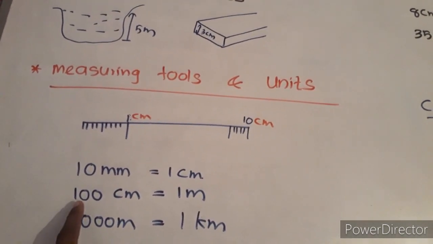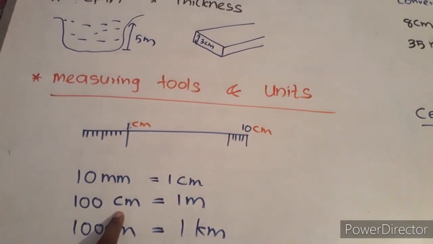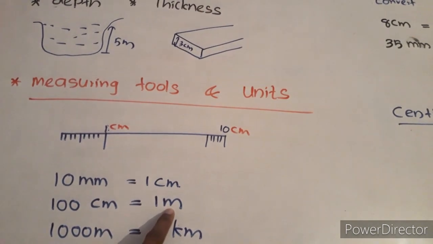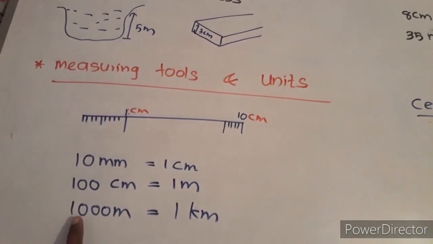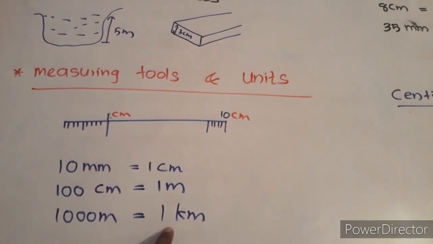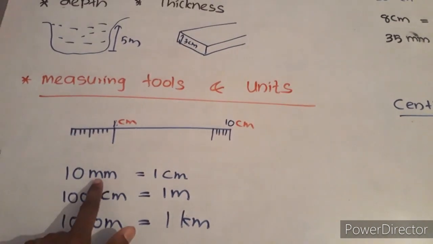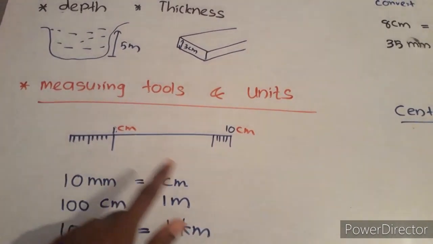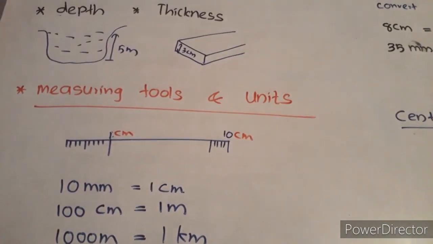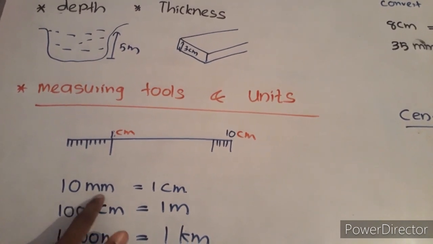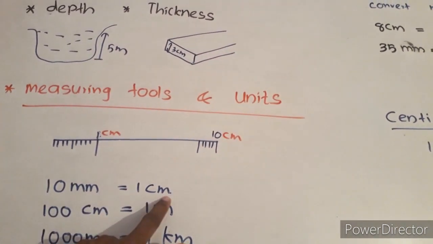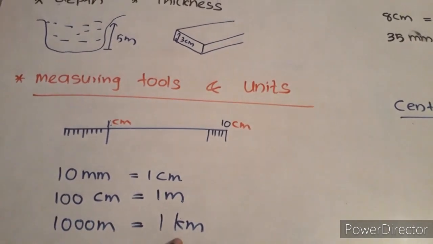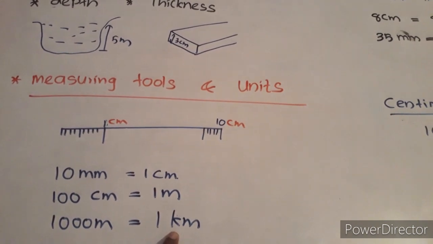Likewise 100 centimeters is equal to 1 meter. 1000 meters is equal to 1 kilometer. To mention the unit we use simple lowercase letters. So mm is millimeter, cm is centimeter, m is meter, and km is kilometer.